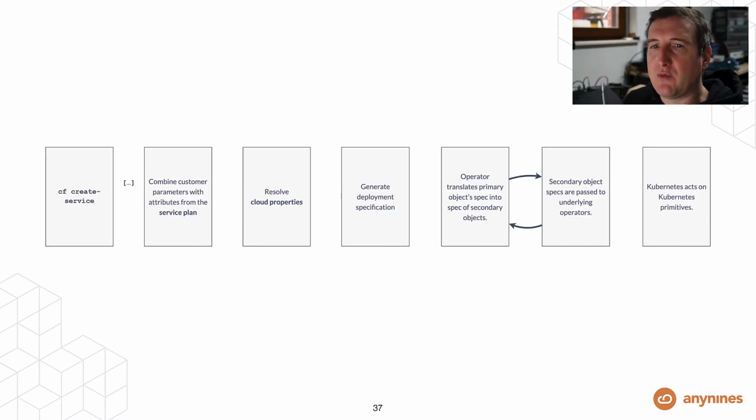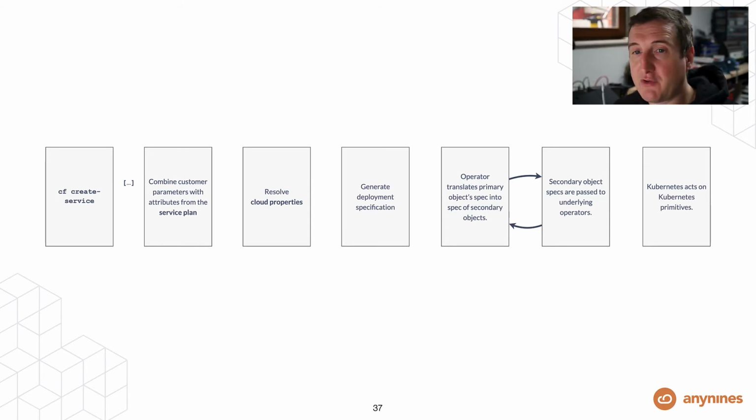So the main idea would be that once you've uttered the desire to create a service instance, for example, by executing a CF create service, you'd be trying to combine these request parameters from the create service request that will end up in your service broker with attributes read from the service plan.